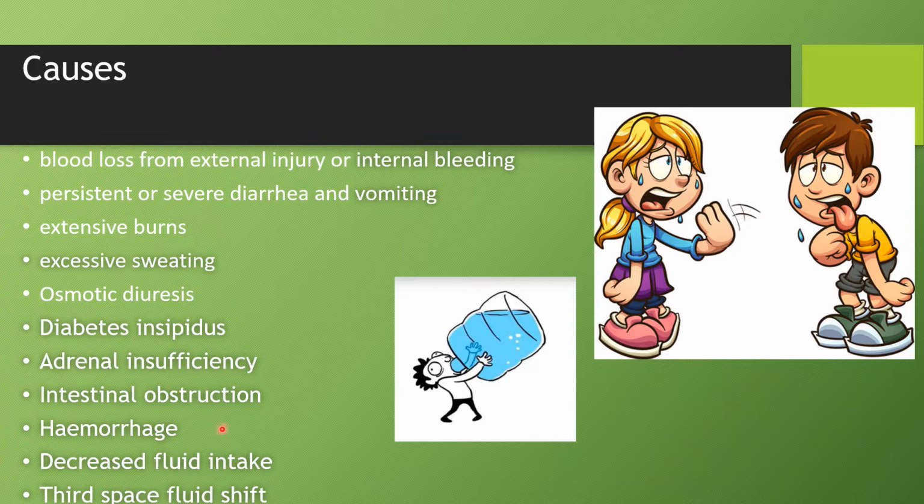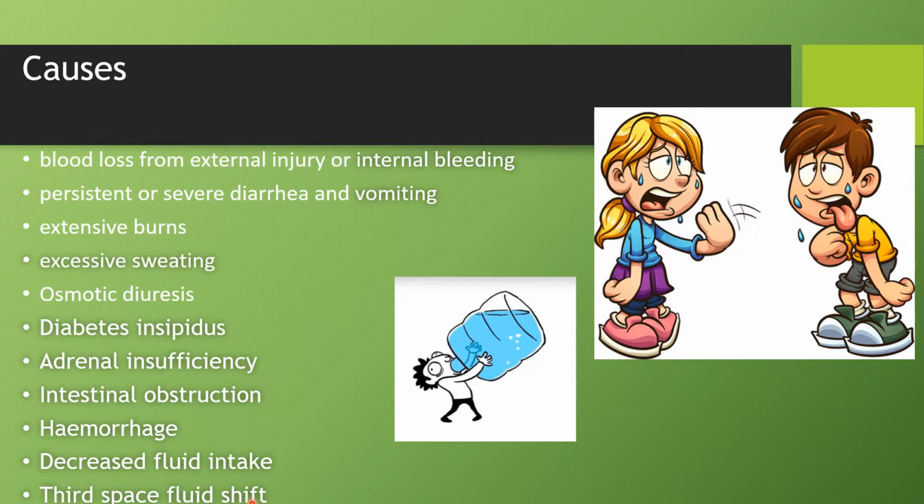In the GI system nearly 8 liters of fluid circulate, so if there is an intestinal obstruction, the fluid and electrolyte balance is disturbed and it leads to a hypovolemic condition. Then hemorrhage, that is blood loss. Then decreased fluid intake: the person takes only a very small amount of water, and that condition leads to dehydration.